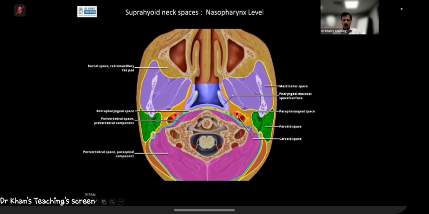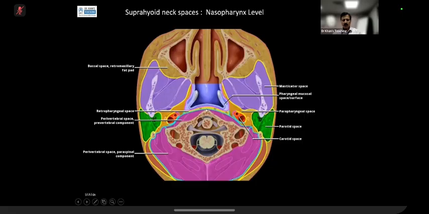Posterior to the parapharyngeal space is the carotid space, with the carotid artery, the internal jugular vein, the vagus nerve, etc. Here is the parotid space. And posterior to this, the one shown in yellow, is the retropharyngeal space.